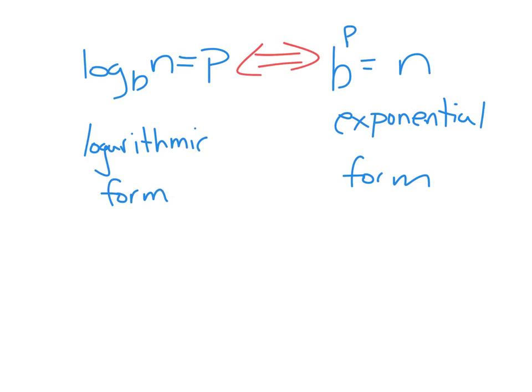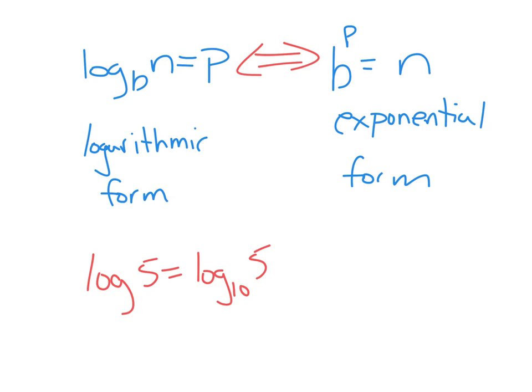A couple other note-taking things before we work on some problems. You guys should know some of this stuff. If we have that, there's no base there. Whenever there's no base, it's a what? 10. Yeah, so this is the same as log base 10 of 5.